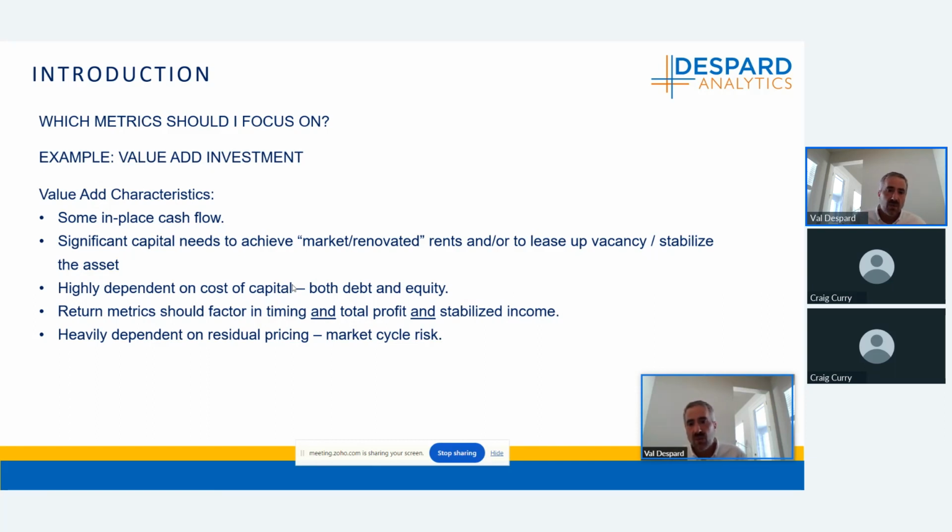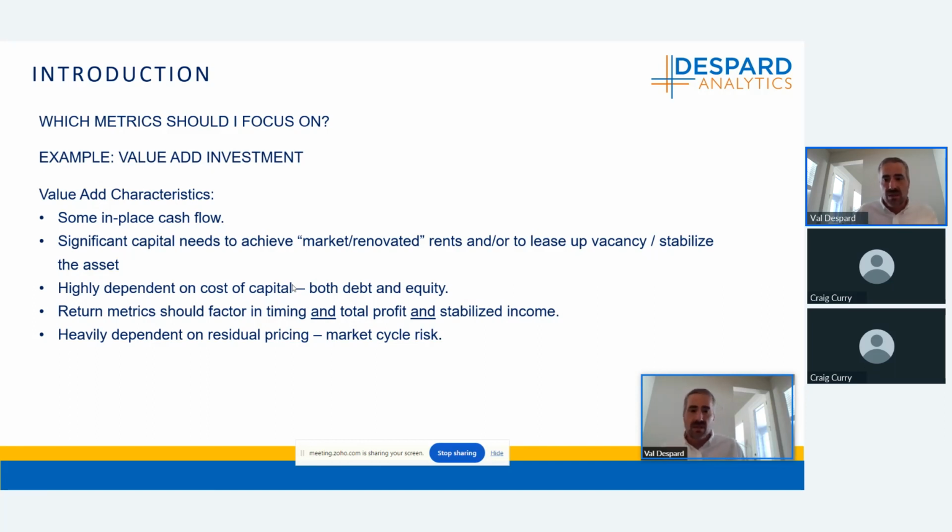Really, when you're thinking about which return metrics to focus on, like I said, timing is key. Also total profit, so equity multiple is a big one. And then stabilized income, if I'm going to hold it for a longer term as more of a passive investment: what's that cash on cash type of return? Typically, value add investing is highly dependent on the residual pricing, which is hard to predict.